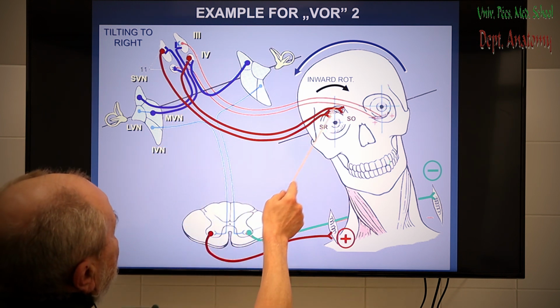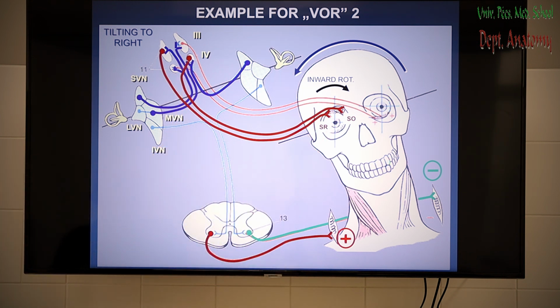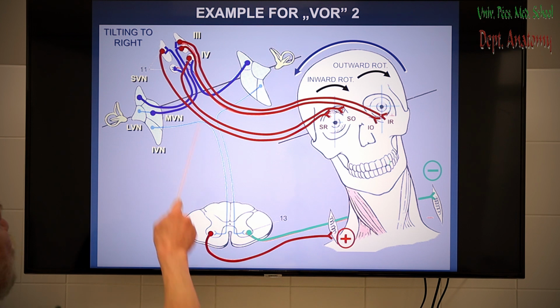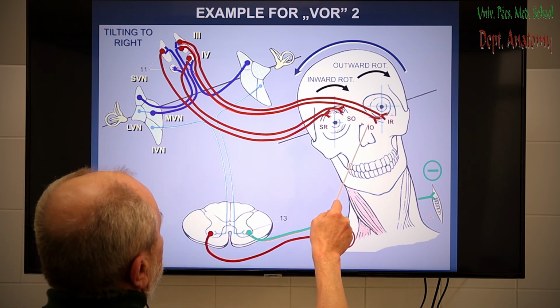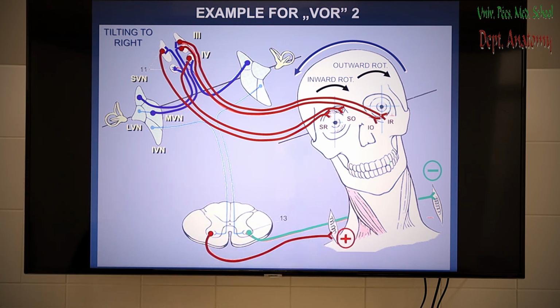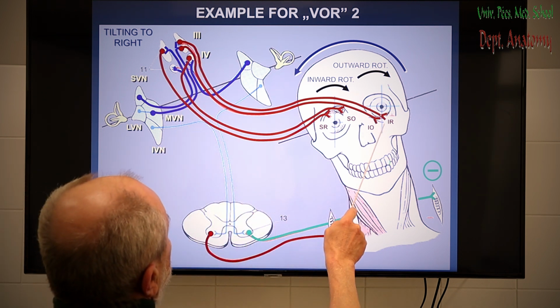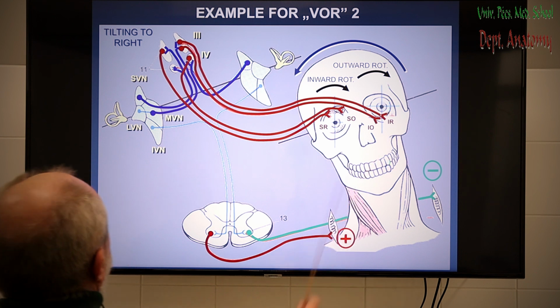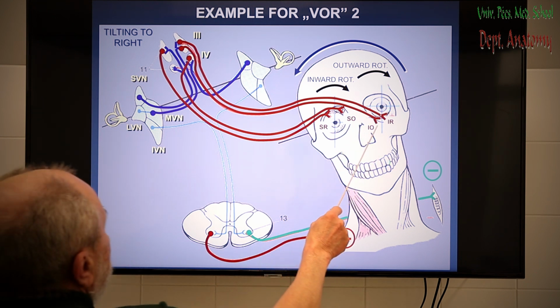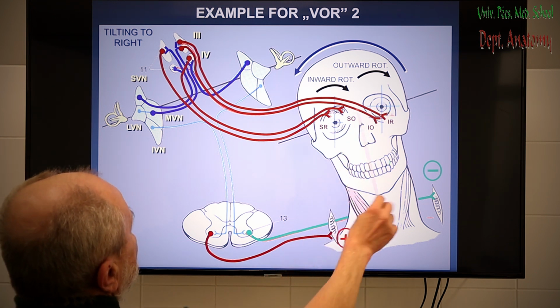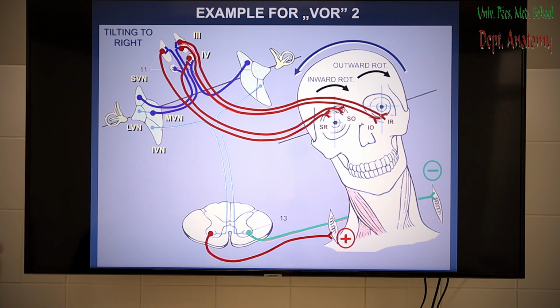And that's why, simultaneously with the superior rectus, the nerve can be activated and the muscles can move. On the opposite side, the antagonistic muscles should receive information, and these antagonists are the inferior rectus and the inferior oblique muscle, the contraction of which results in outward rotation of the eye of the opposite side.